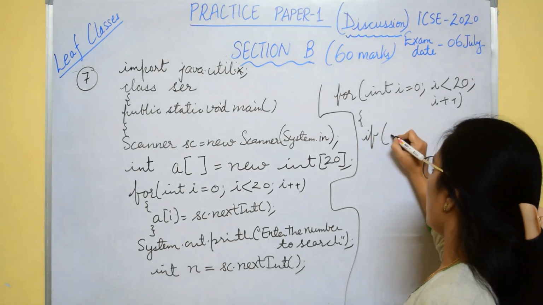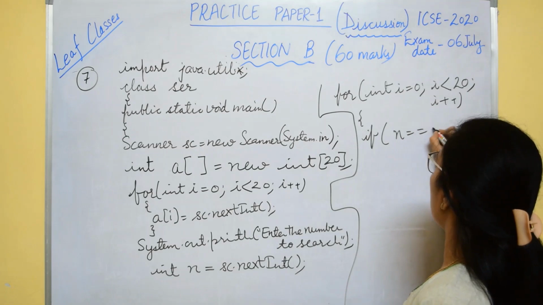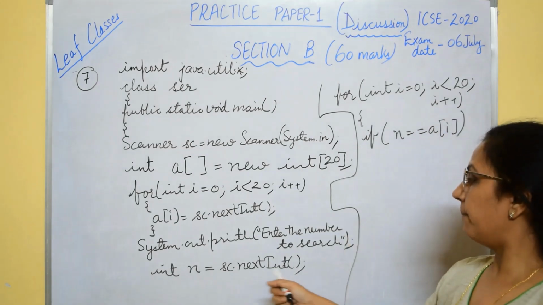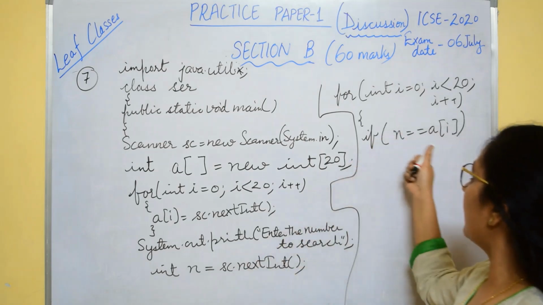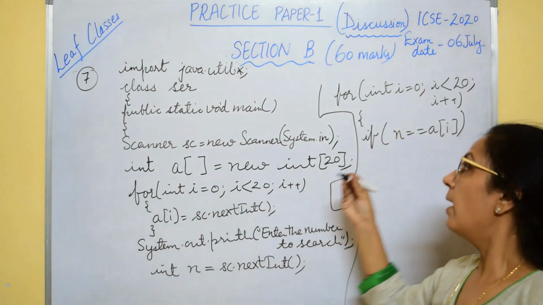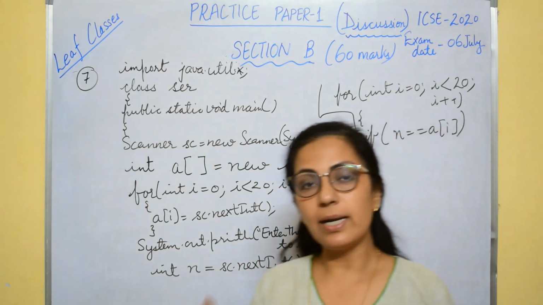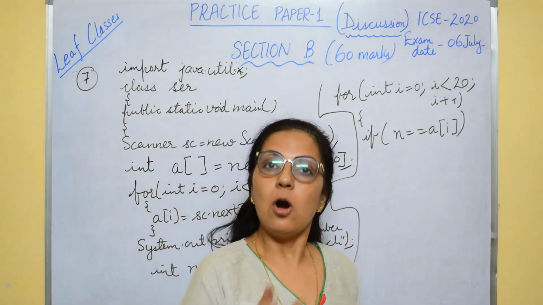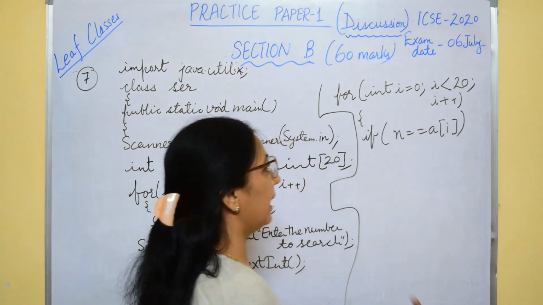If n is equals to a of i, that means we are comparing number n with a0, a1, a2 till when? Till we are not getting that matching value or till end of the array.